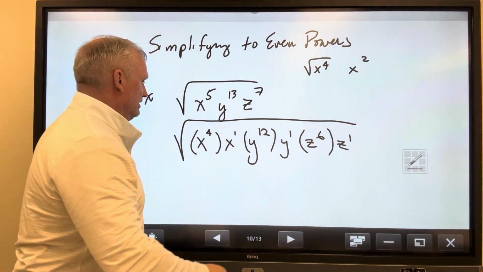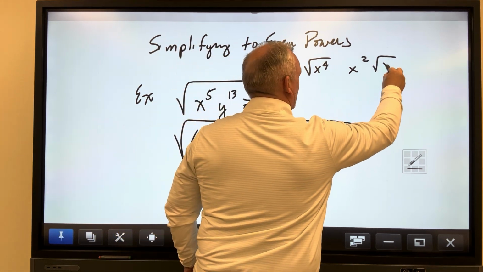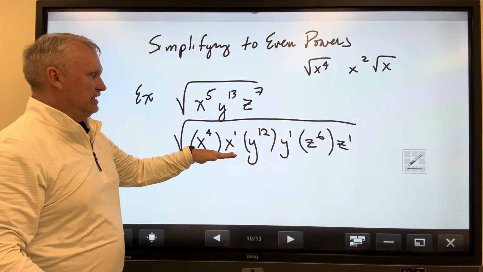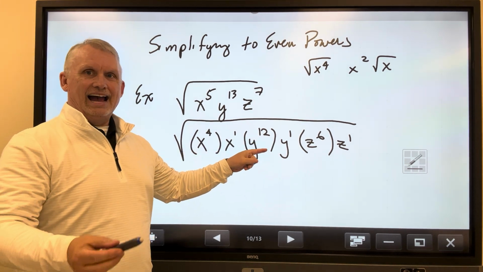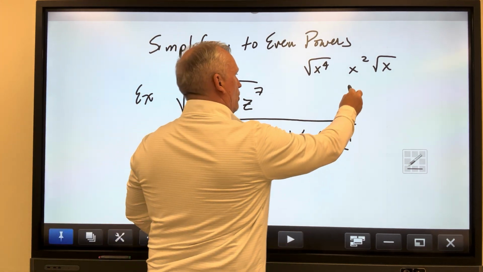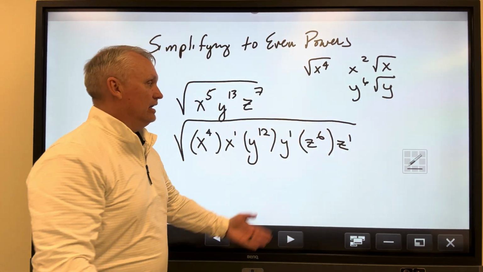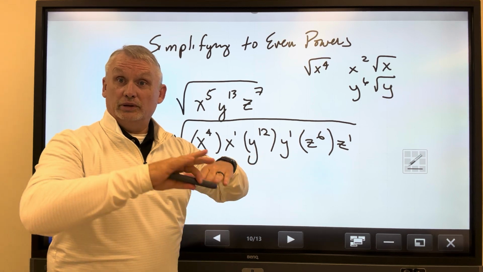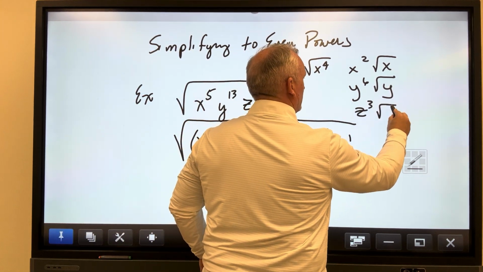So I have this as my first term. Well, what's my second term? Split it in half. Well, this is now y to the 6th, and you're left with the square root of y. What about this? Split it in half. Z to the 3rd, square root of z.